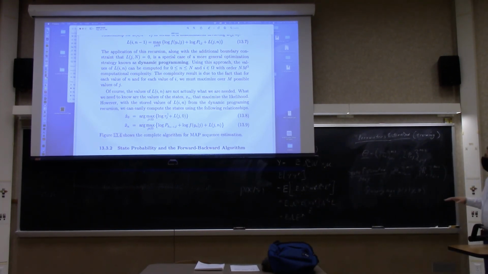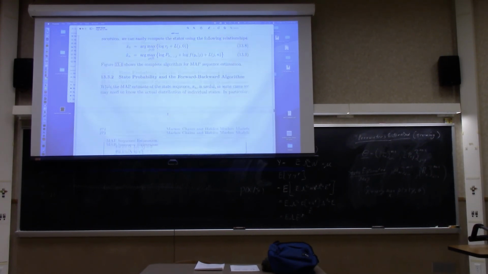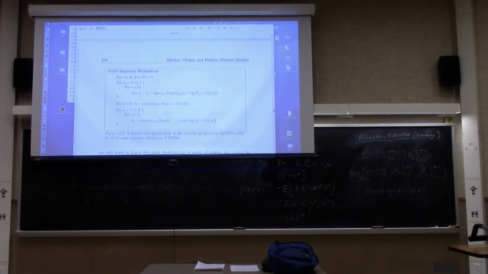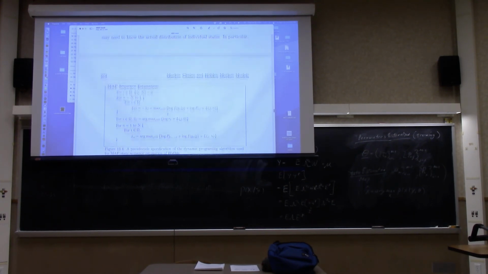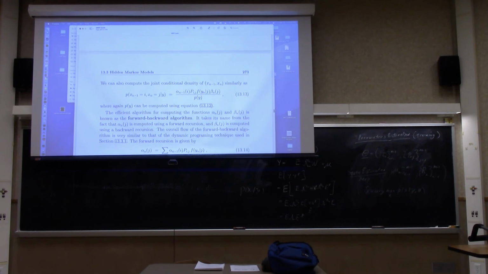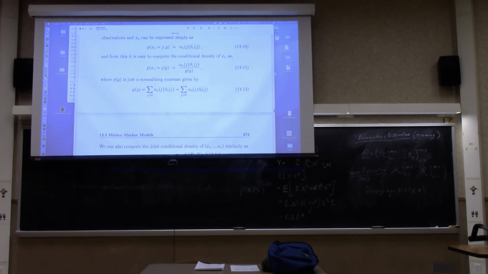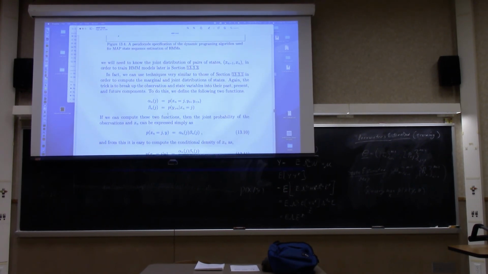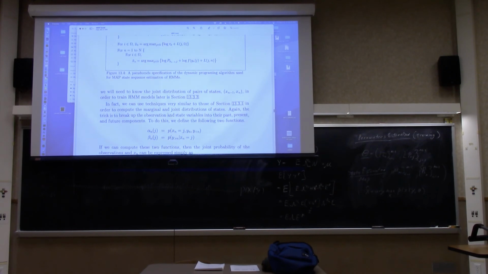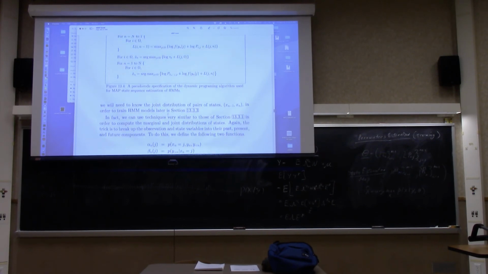It works because of the linear structure of the hidden Markov model, because it's not loopy. If the thing was loopy, you can't do it. There's really not time to cover it particularly well.